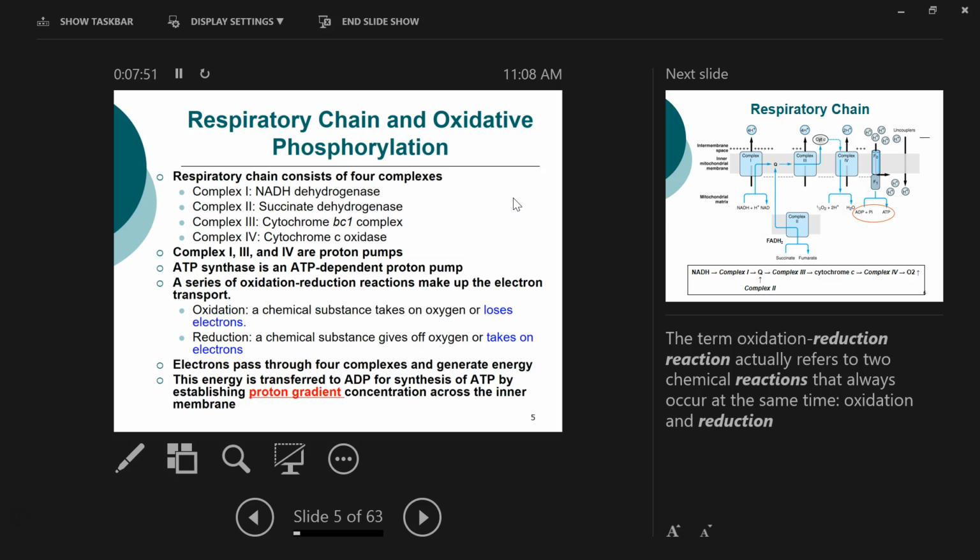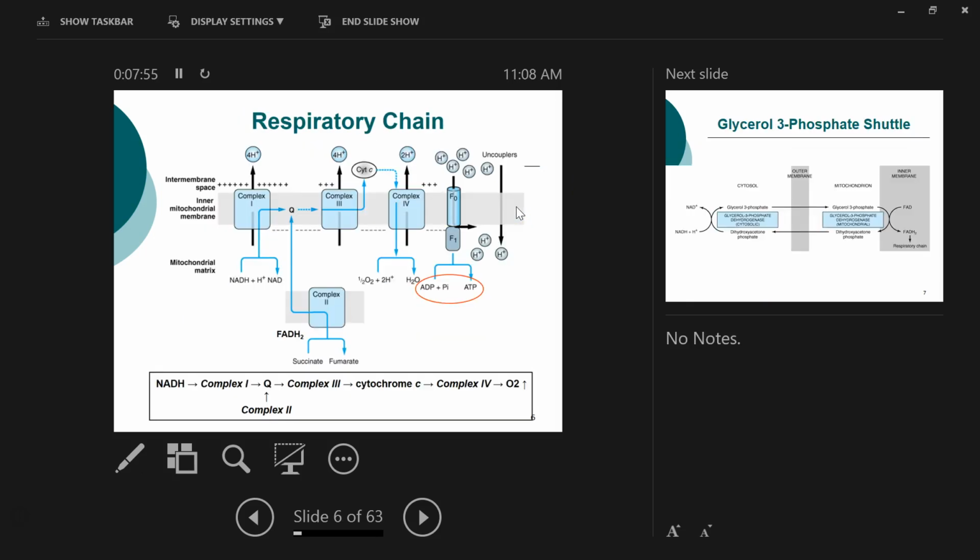Does that make sense? So here is a clear picture of a diagram, showing the 4 complexes and where they are located.